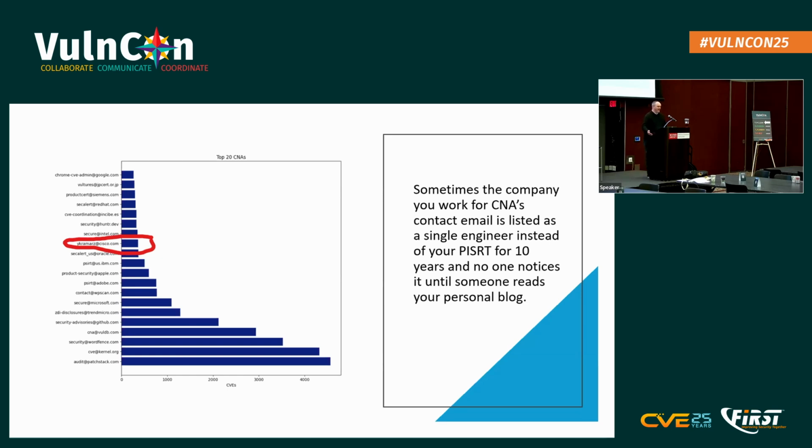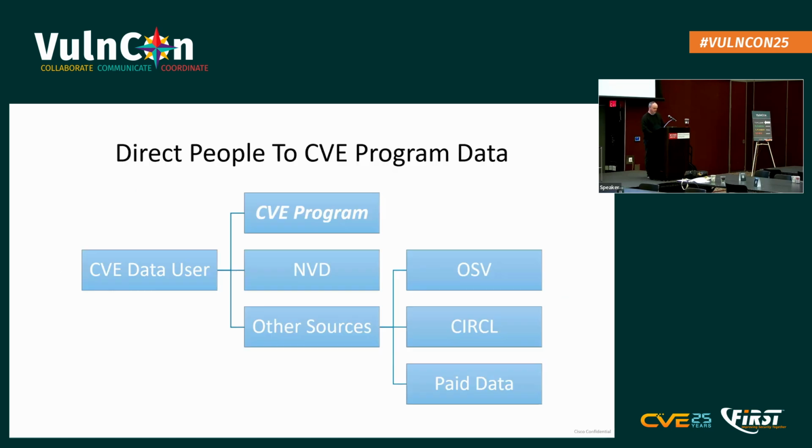It was a fire drill on my part because somebody thought I was messing around and putting an individual's email address in there. So if you're a CNA, seeing how the data flows through the system, especially the place at the end where people look at the data, is a good way to figure out who is looking at it and what it looks like at the end point.